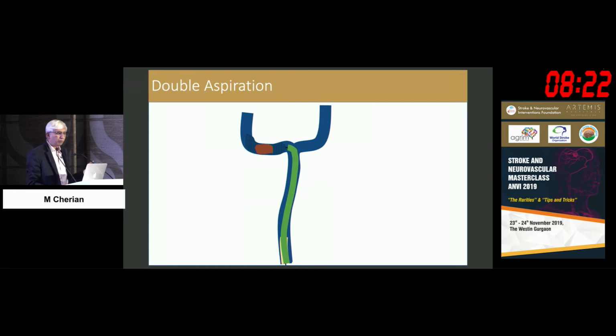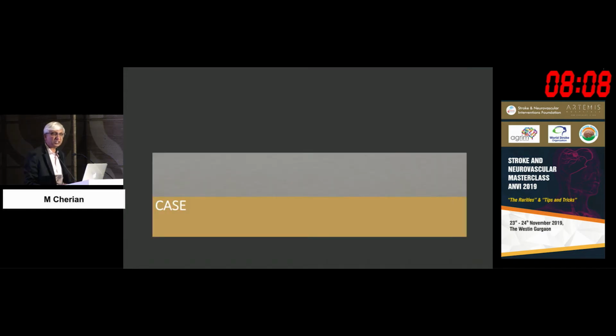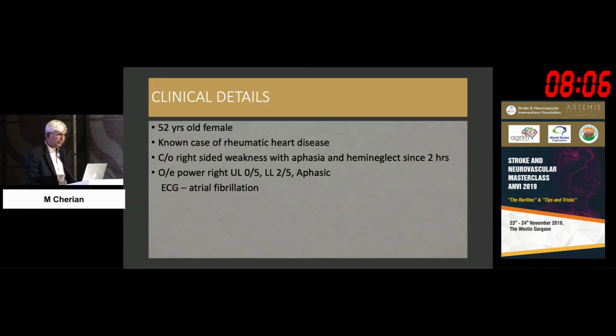Aspirate, pull out the microcatheter, so you get more space for aspiration. As you aspirate through both the sheath in your neck and through the aspiration catheter, you bring this out, and your success rate will improve enormously.